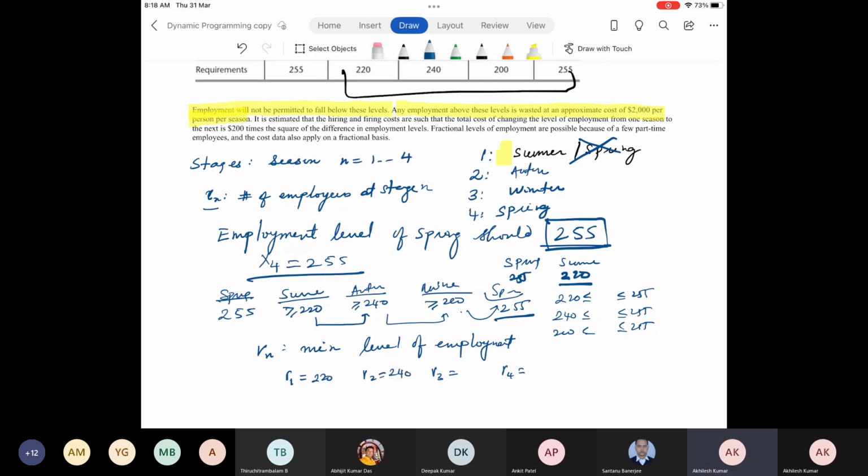This is a parameter, not a variable. This is just to represent in the problem. Okay. Now, what would be the cost of stage N?